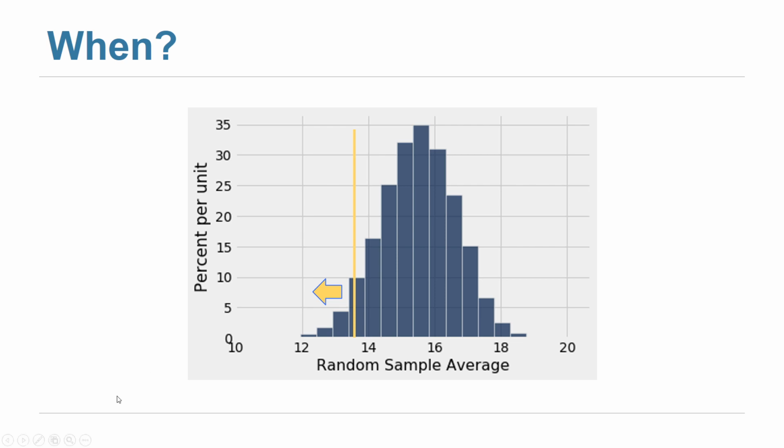Remember, if the observed value is here, that doesn't mean that it is not probable. We might say it's unlikely to happen, but it can happen. What is the chance that it can happen? It's the empirical probability at that point.